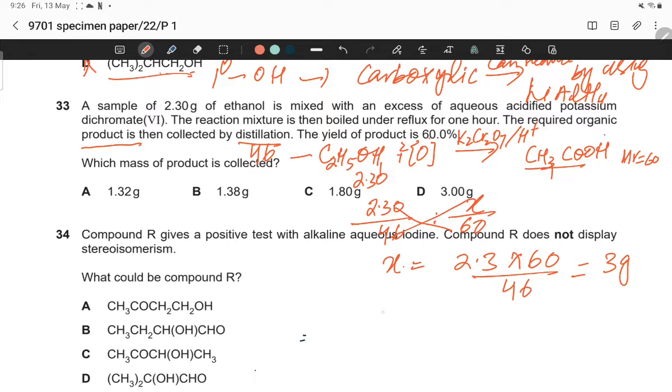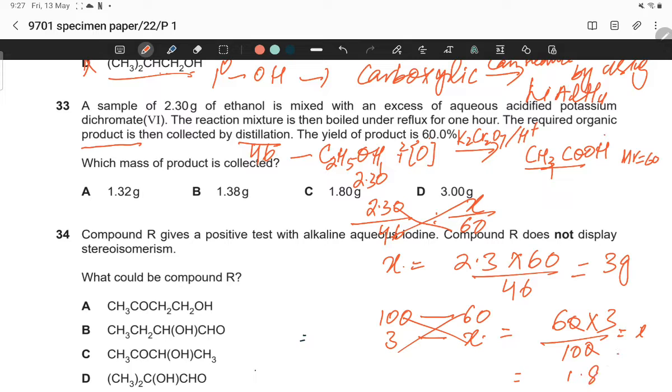If 100 gram contains 60% yield, what would be the yield of ethanoic acid in 3 grams? 60 into 3 divided by 100 is equal to 1.8.